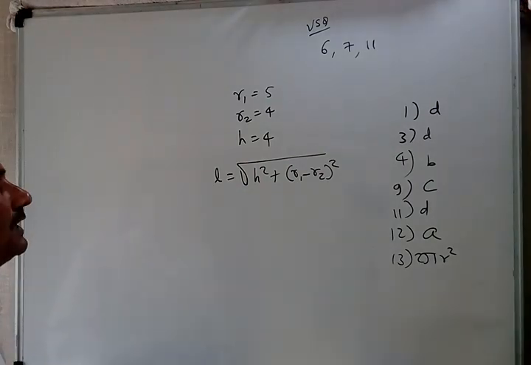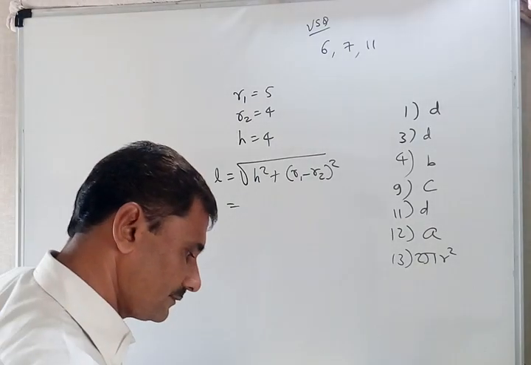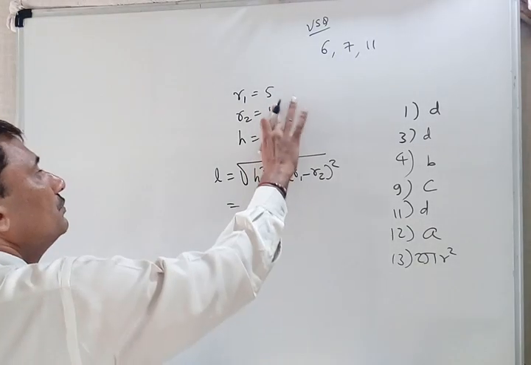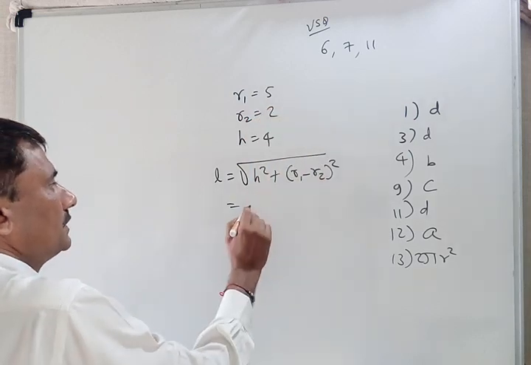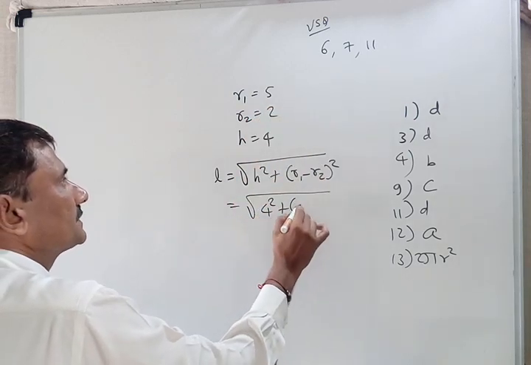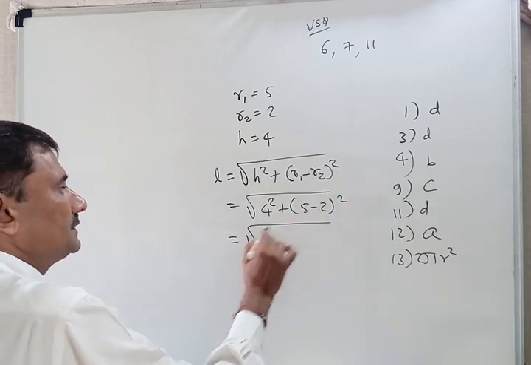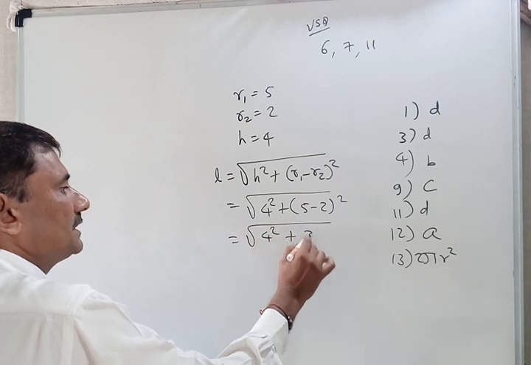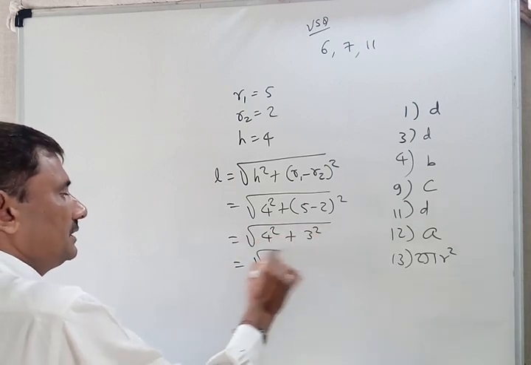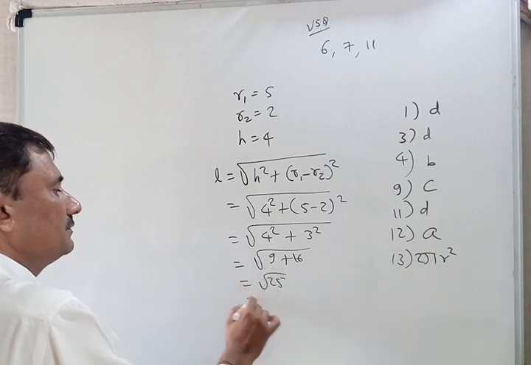Okay. Now place all values. Sorry, 5, 2. So it is root of 4 square plus 5 minus 2 whole square. So it becomes 4 square plus 3 square. So it becomes 16 plus 9, 25, equal to 5.